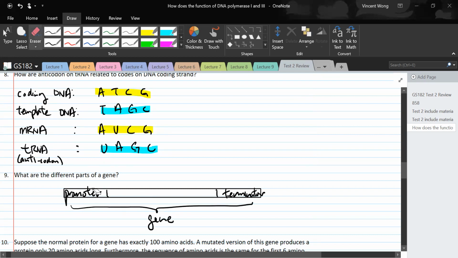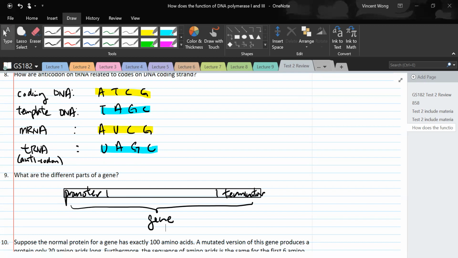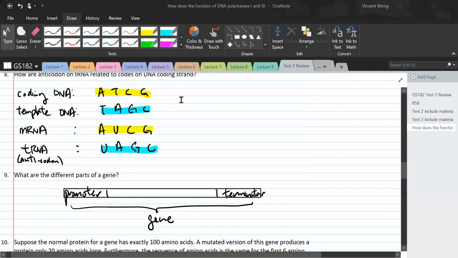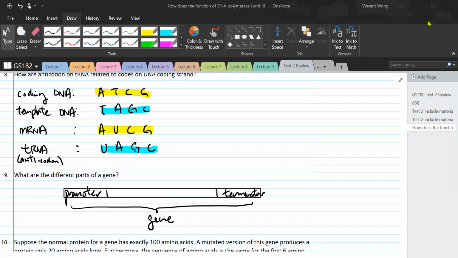The beginning end of a gene. So your RNA polymerase, it's going to bind to the promoter. It's going to unzip it, and then it's going to copy the DNA, right? Until it gets to the terminator, and the process will stop. So that's going to make a copy of the gene in the form of RNA.